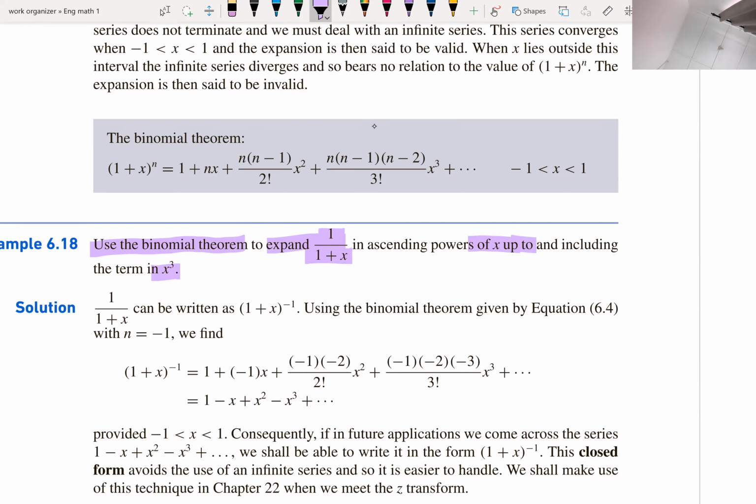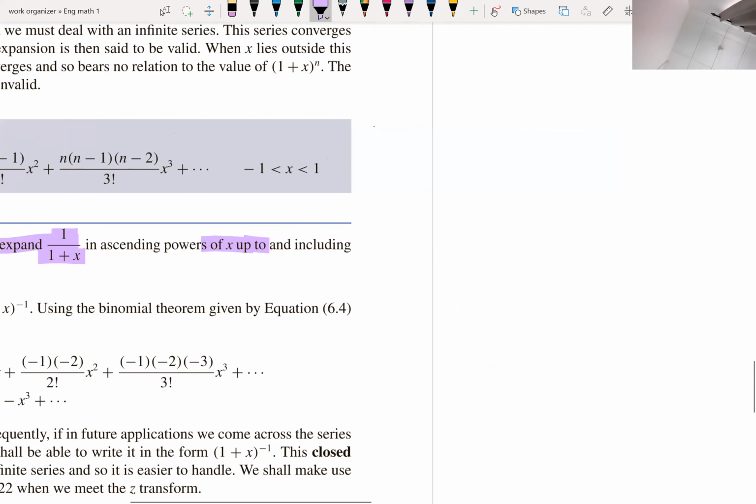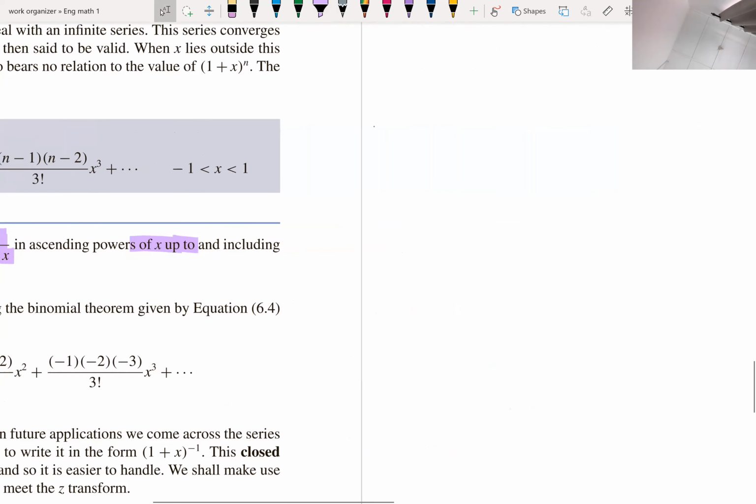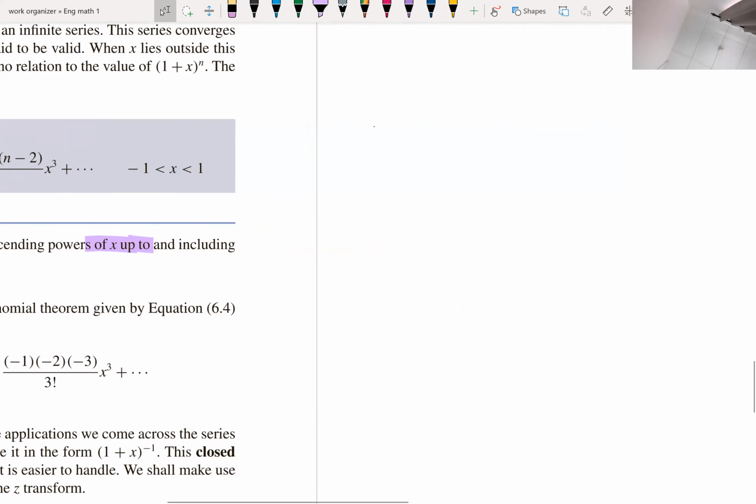So again, you just write down the general term: 1 plus x to the power of n.